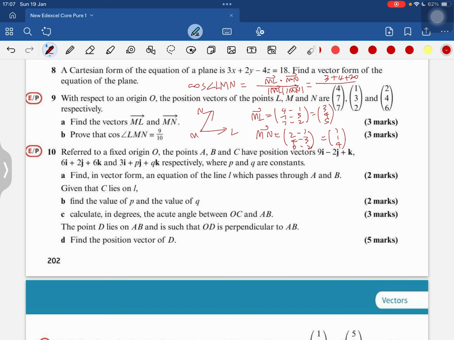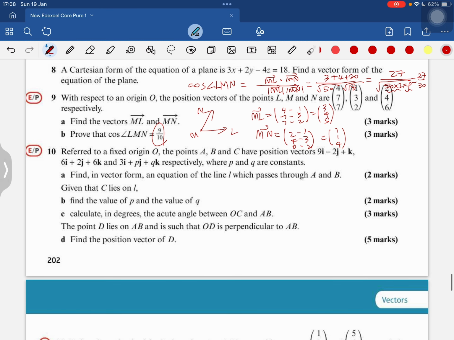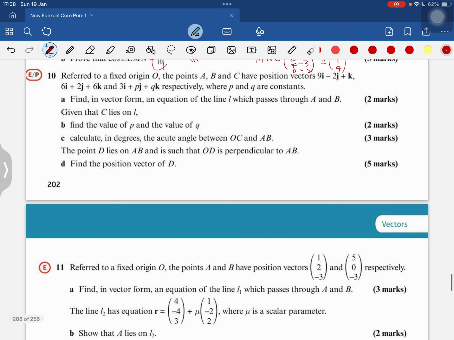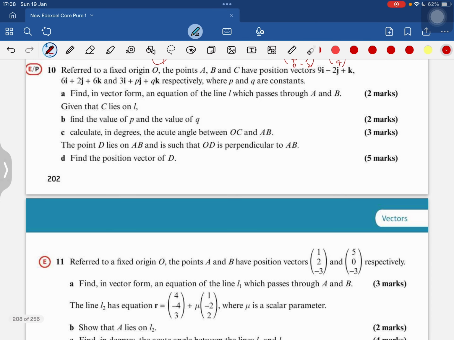And the lower part is 3 squared, 4 squared, 5 squared, which is 50, and 1 squared, 1 squared, 4 squared, which is 18. So 27 over the square root of 50 times 18, which is 900, so 27 over 30. Therefore, 9 over 10.